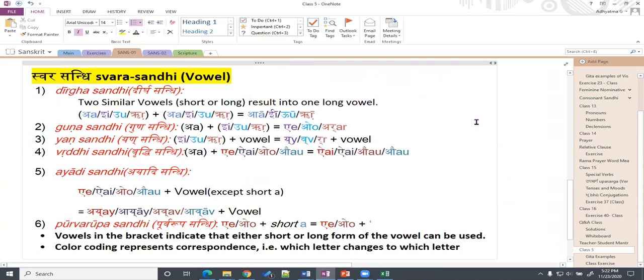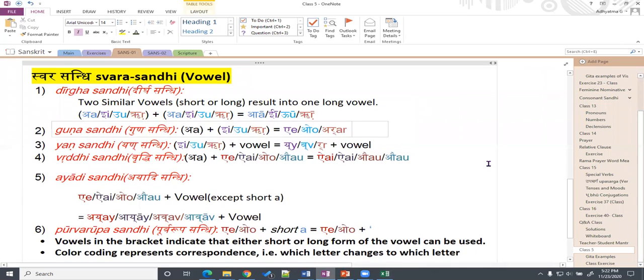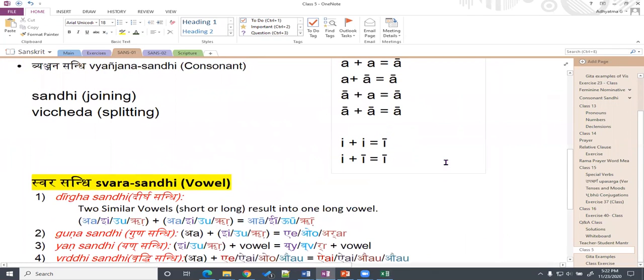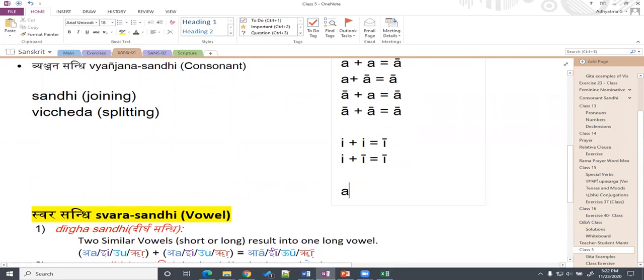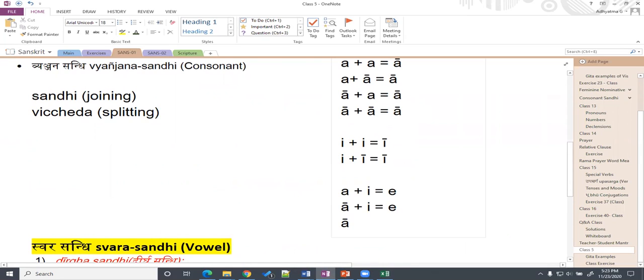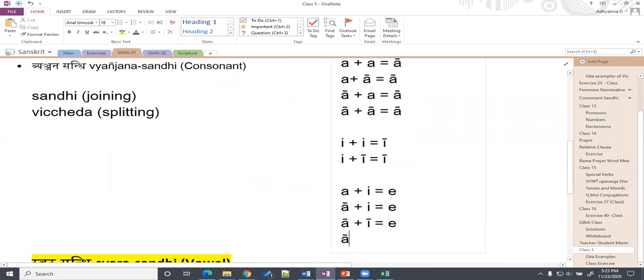So again here you have to understand that akara plus ikara will be ekara, akara plus ikara will also be ekara, like that.